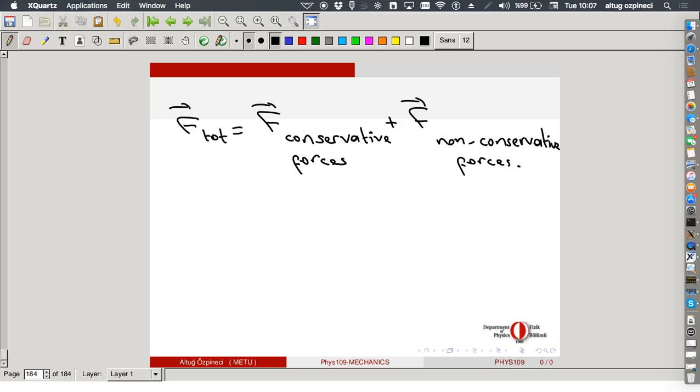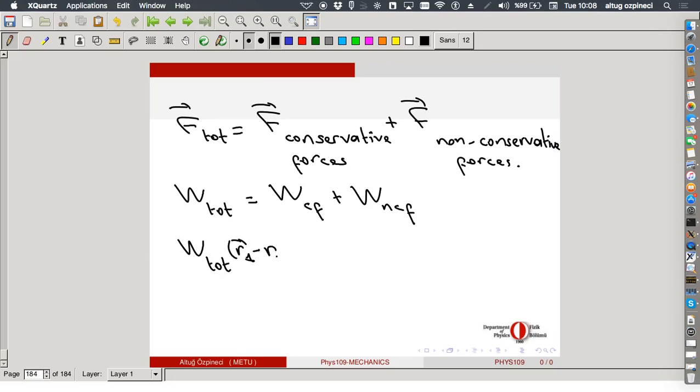Now, when we calculate the total work done on the object, the conservative forces will do some work. Non-conservative forces will also do some work. So it is the work done by the conservative forces plus the work done by the non-conservative forces. If you just move your object from point R1 to point R2, the total work as the object moves from R1 to R2 will be, well, if we have conservative forces, there will be a corresponding potential energy.